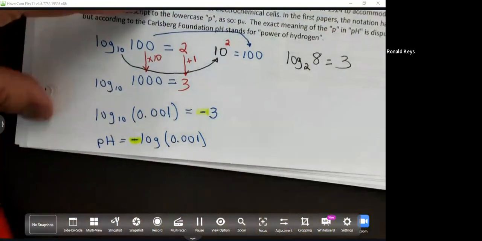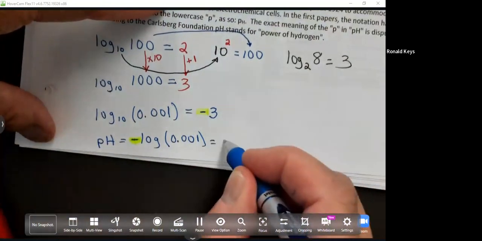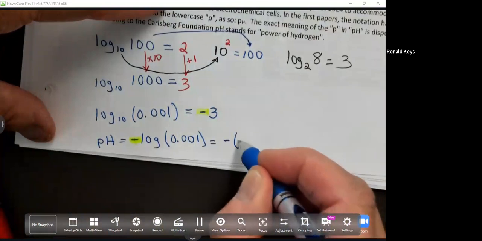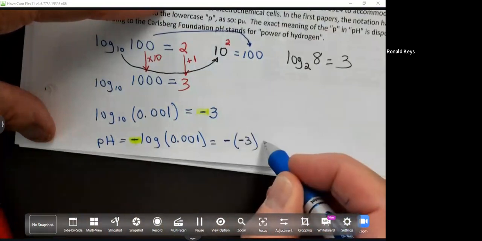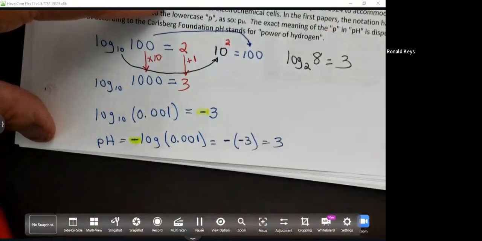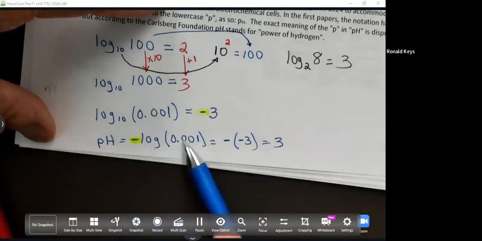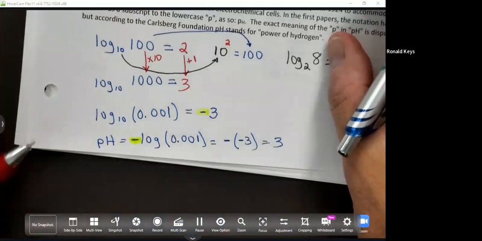So really, you have minus a -3. So we end up with a +3, right? This negative here is just to make the number positive. That's why the pH is the negative log, because our value there is going to return a negative number.